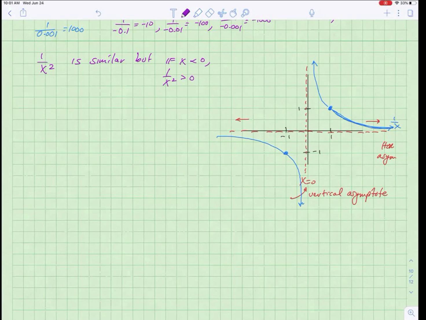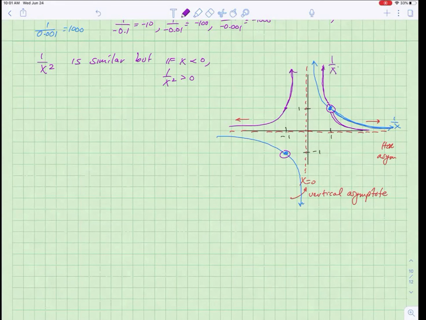It actually goes through the same points. It has the same asymptotes, but it is a little farther away from the axis here and a little closer to the axis here. And this curvature becomes more pronounced. However, this one is also positive on both sides.